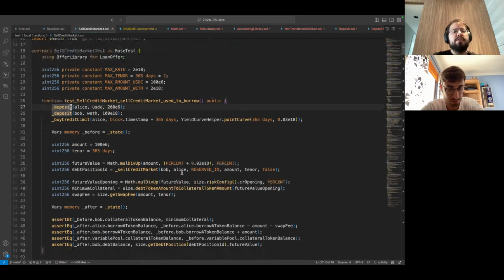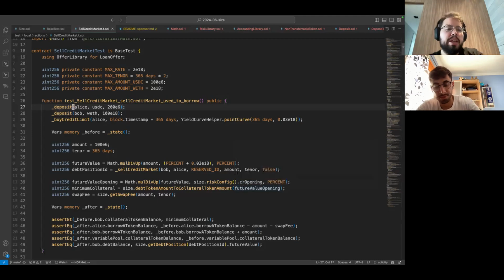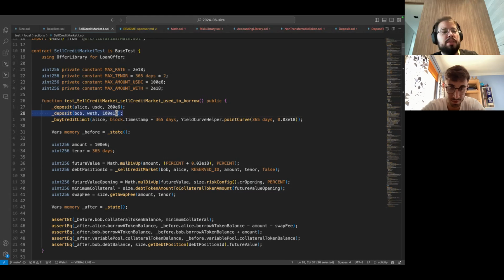Then here we describe a scenario: Alice is depositing 200 USDC, then Bob is depositing 100 Rep ETH. Alice submits a limit order to lend, so they will submit the parameters like the maximum timestamp and a yield curve with a helper function. What I mentioned about having this auxiliary function to fetch the state is that we can snapshot the state before and after, and then compare the properties.